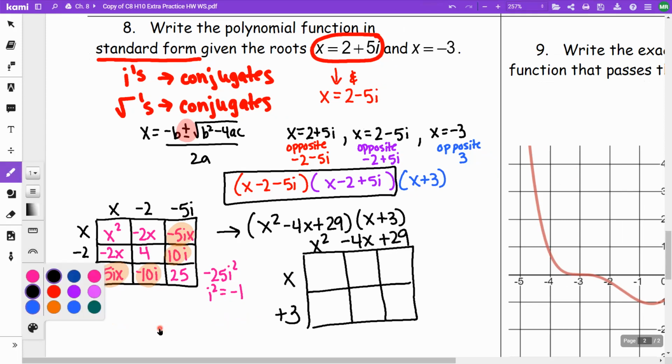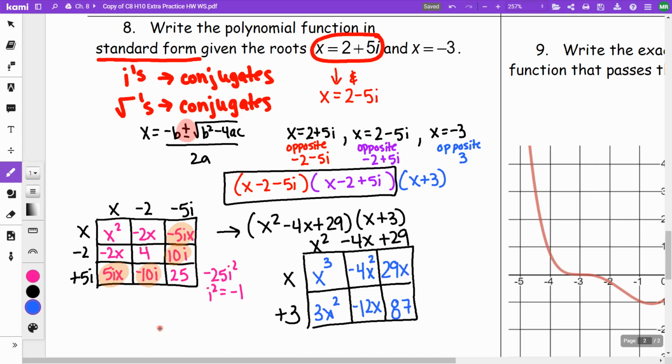And when I multiply those together, I get an x cubed minus 4x squared, 29x, 3x squared. I get a -12x. And when I take 3 times 29, I'm going to get a 87.